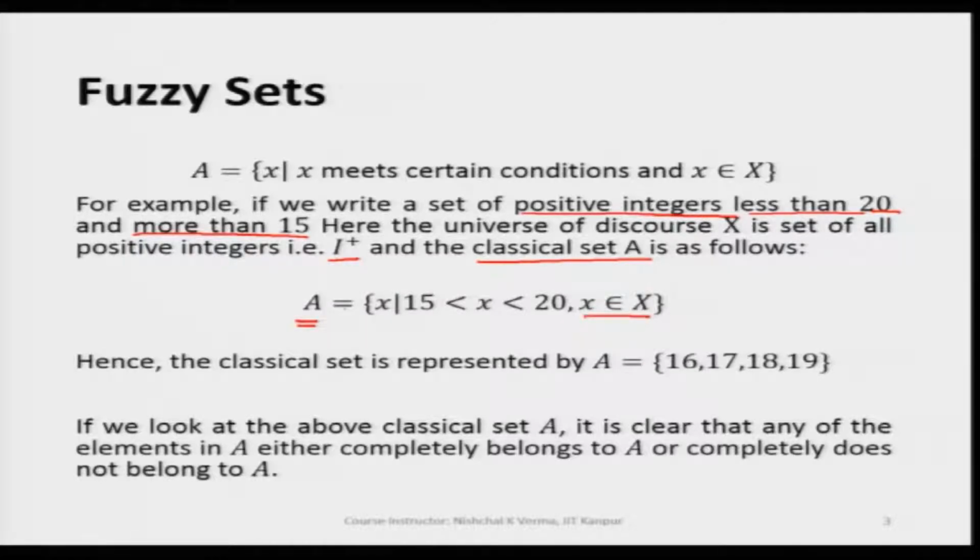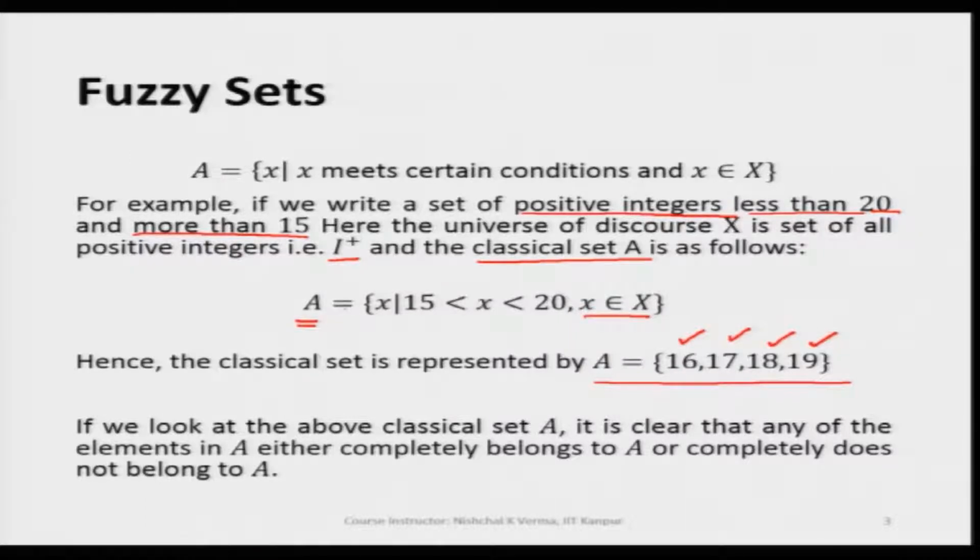Now we can write this set, named capital A, as the collection of all the elements in between 15 and 20, which are 16, 17, 18, 19.